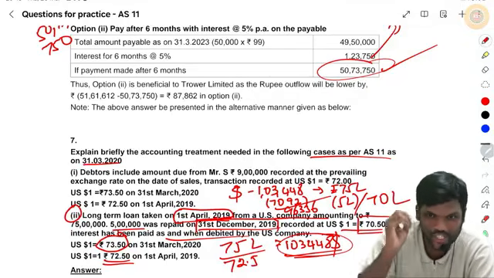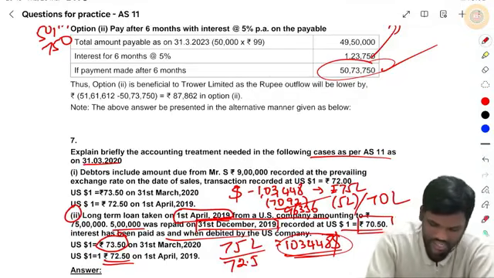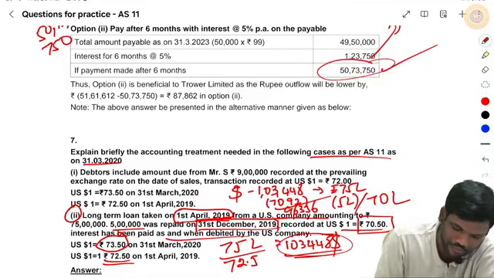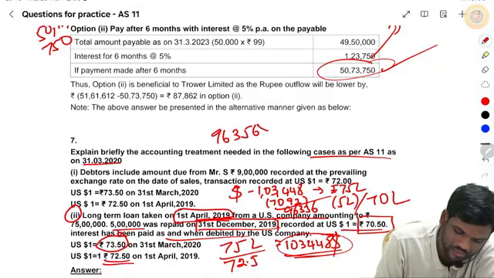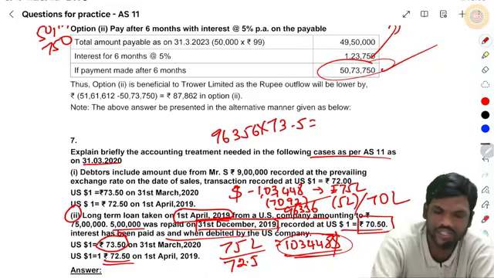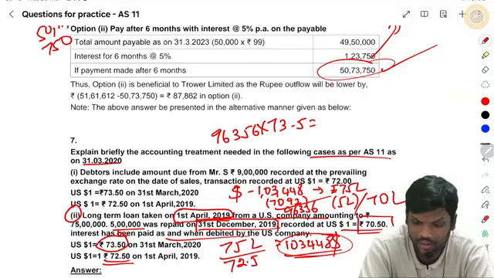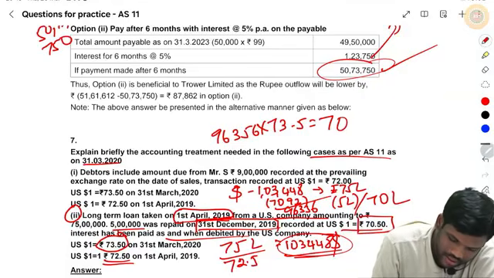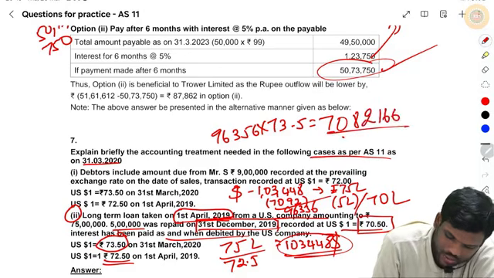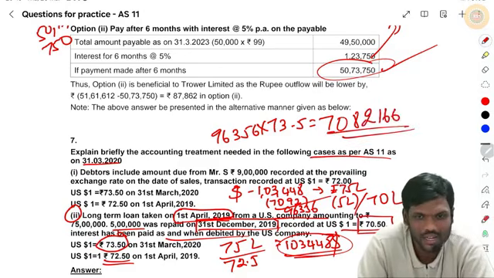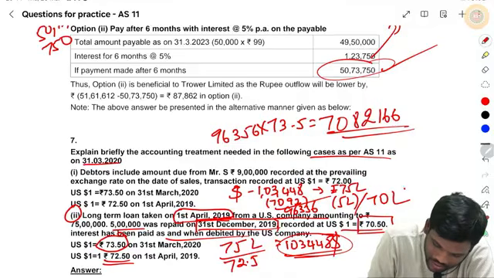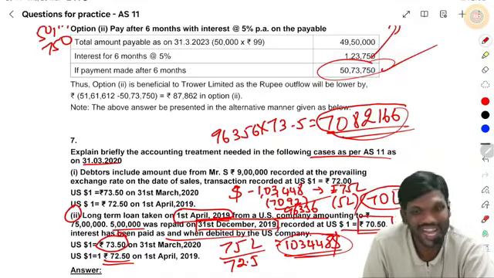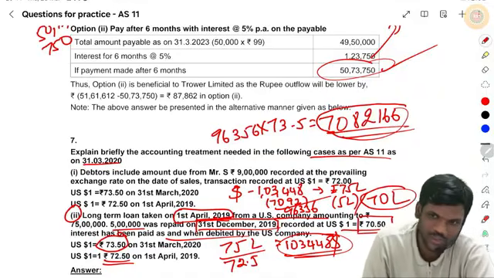Now on the balance sheet date, that is on 31st March, the exchange rate is 73.5. So if you convert this 96,356 at the new exchange rate of 73.5, because this is a monetary item, in terms of rupees it will be 70,82,166. Now my liability in INR is only 70 lakhs, but now I have to increase it to 70,82,166.